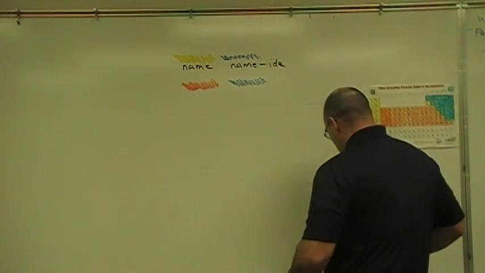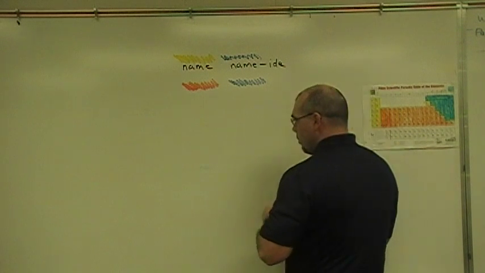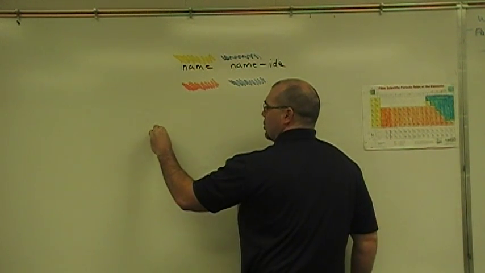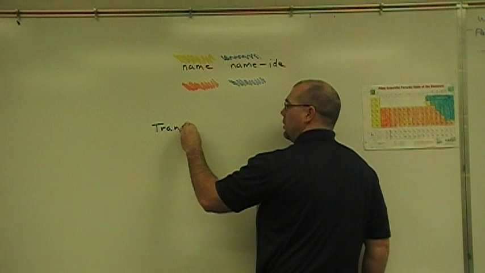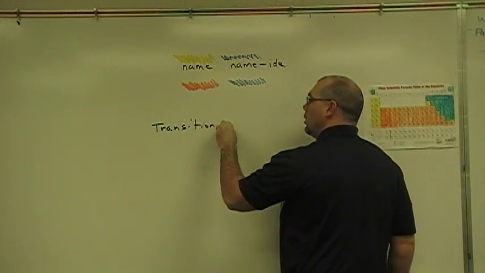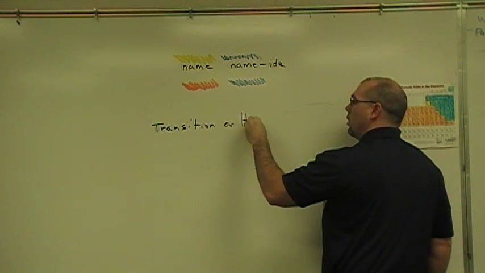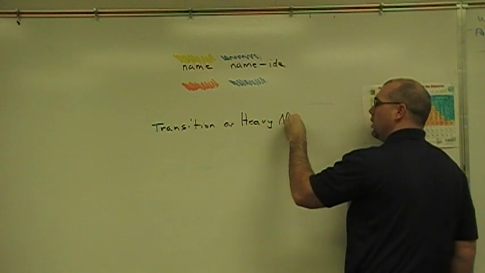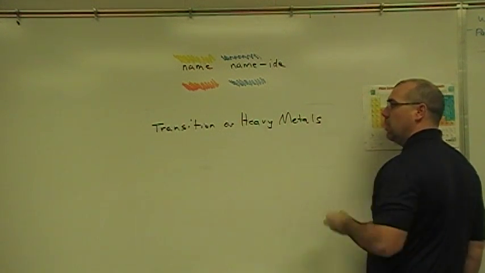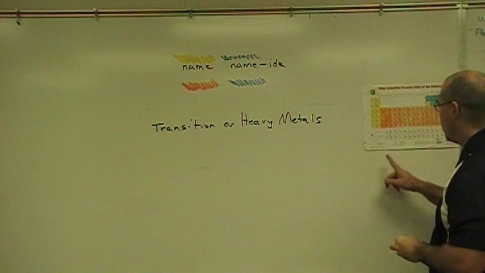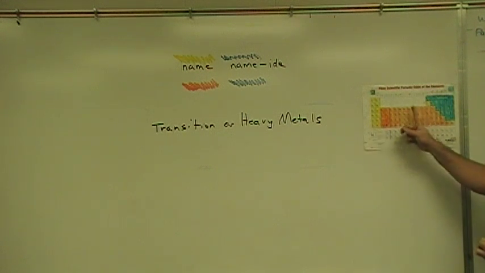Okay? The oranges come from the transition or heavy metals. Transition metals are in this span. Later we'll refer to those as the d orbitals. But you have your flat range of 10 by 4 right here in your periodic table. Those are the transition metals.